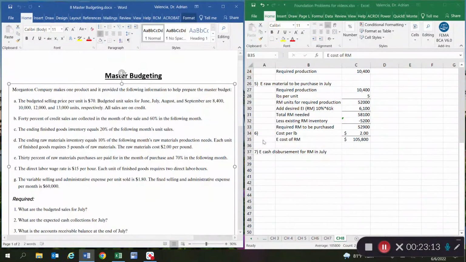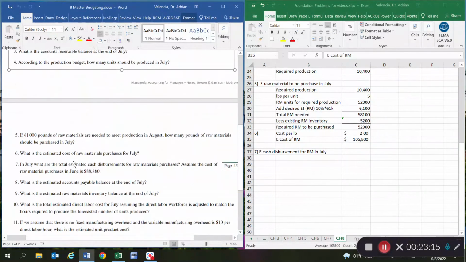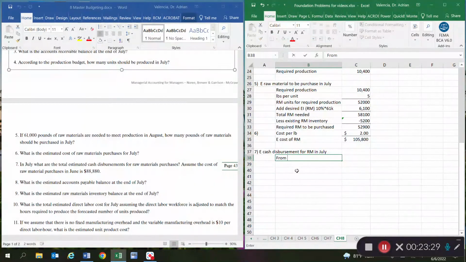They tell us in number 7 that in June, assume that the cost of raw materials in June was $88,880. Okay, so from June purchases, we're going to pay 70% of those.